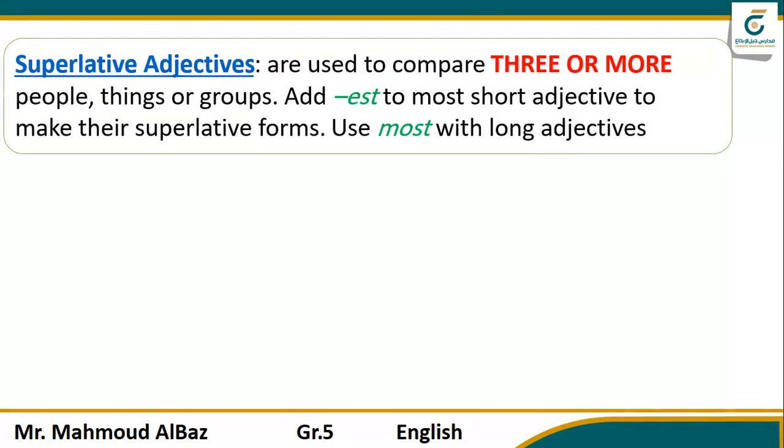superlative adjectives. The difference between comparative and superlative adjectives: superlatives are used to compare 3 or more people, things, or groups. Again, superlatives are used to compare 3 or more people, things, or groups. Add est to most short adjectives, and use most with long adjectives.